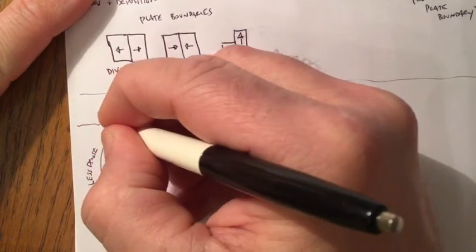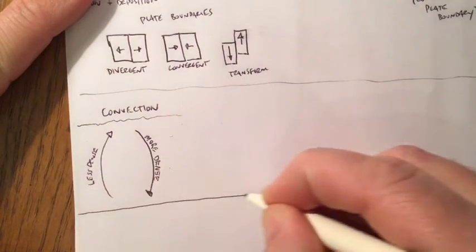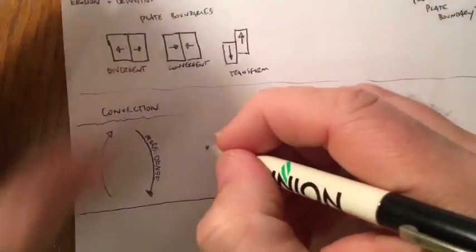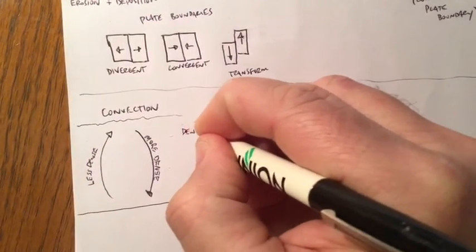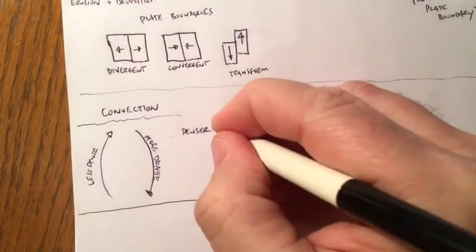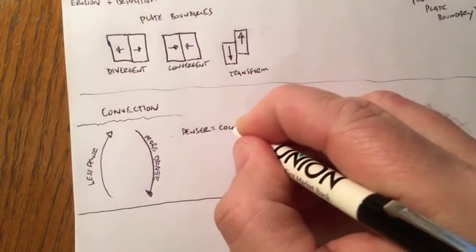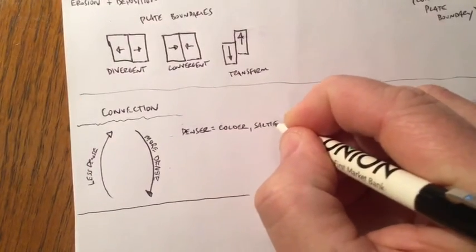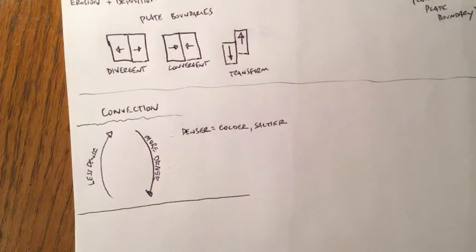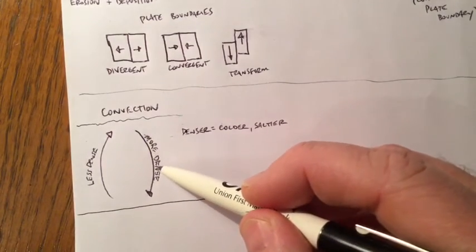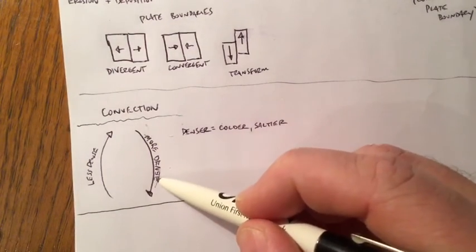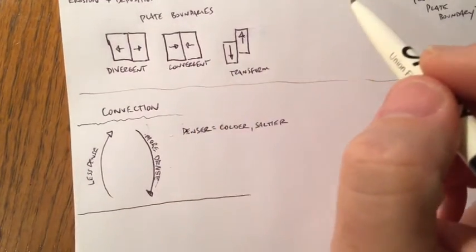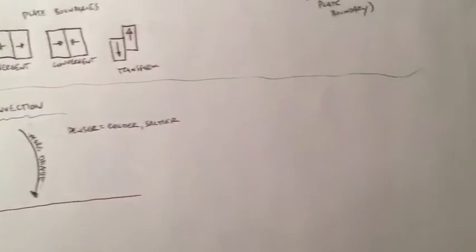So in the ocean, if the water is denser, it can either be colder or saltier. So you have your cold, saltier water, more dense water sinking, and your less dense, warmer water rising pretty much at all times.